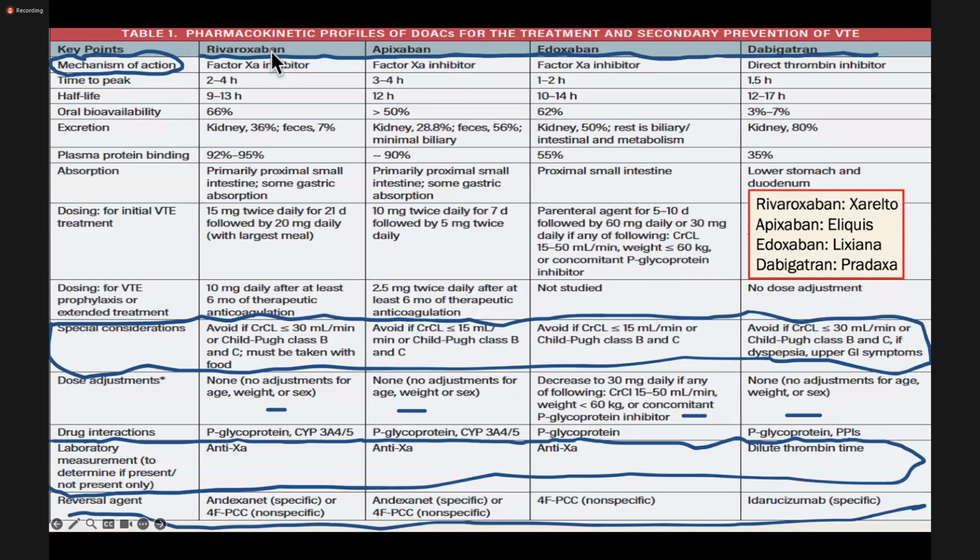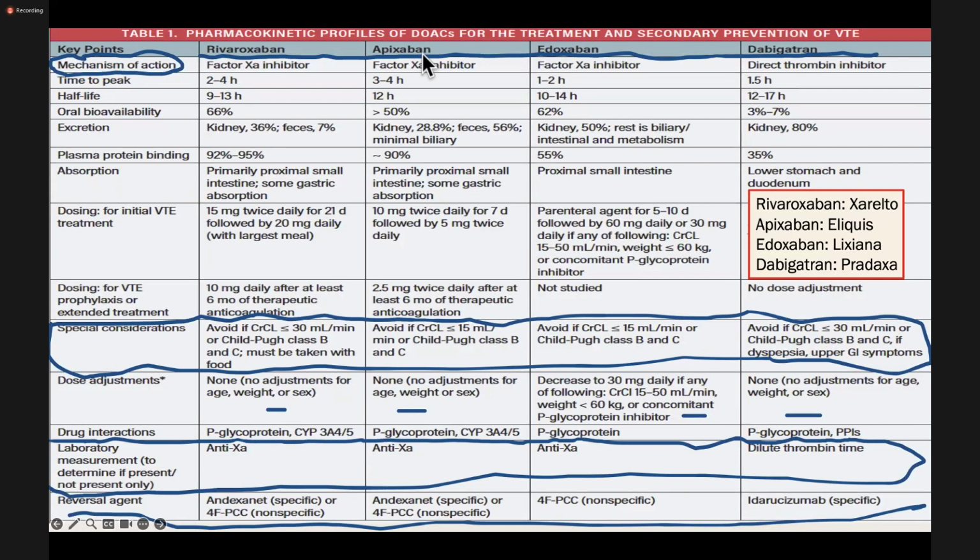So again, if I ask you, is this a direct thrombin inhibitor? This one right here. What do you think? No. Why is it no? Because it inhibits factor 10A.